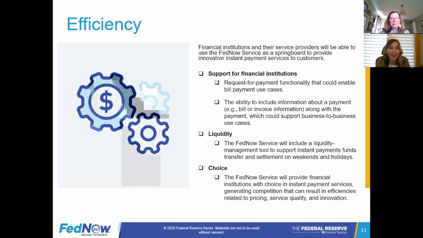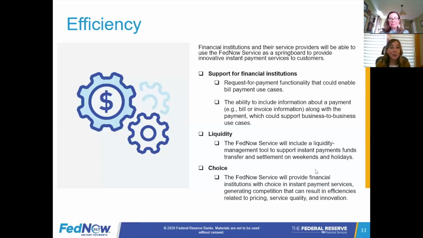That doesn't, I will admit, surprise me, given a lot of that business we know is still conducted via check. So that's good. 18% for business-to-person, such as payroll or insurance disbursements. 23% for person-to-business, so again, e-commerce or point of sale, and then 1% for other. So I appreciate the response. That's helpful insight for us.